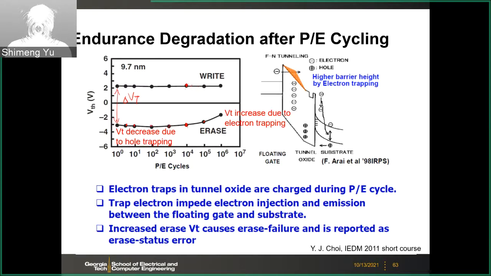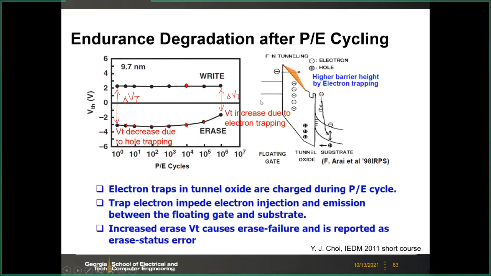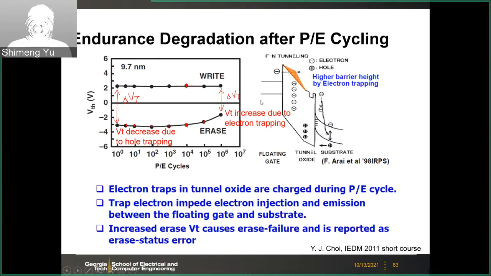Here you see the general trend is that at the end of the program and erase cycling, the delta VTH will become smaller. And typically the erased state VTH will become higher and higher. This is because of the electron trapping effect. During program and erase, the electrons go in and out through the tunnel oxide, so the tunnel oxide may get damaged somehow.